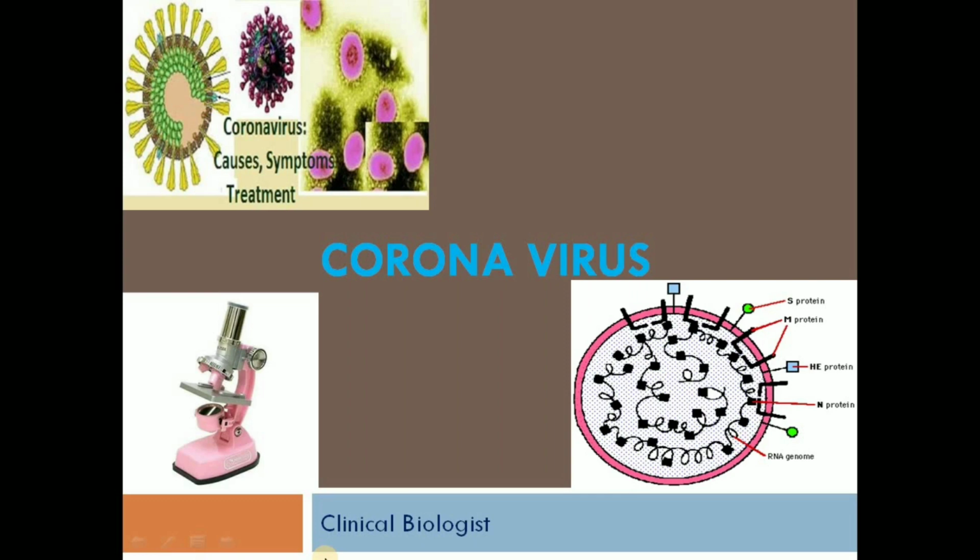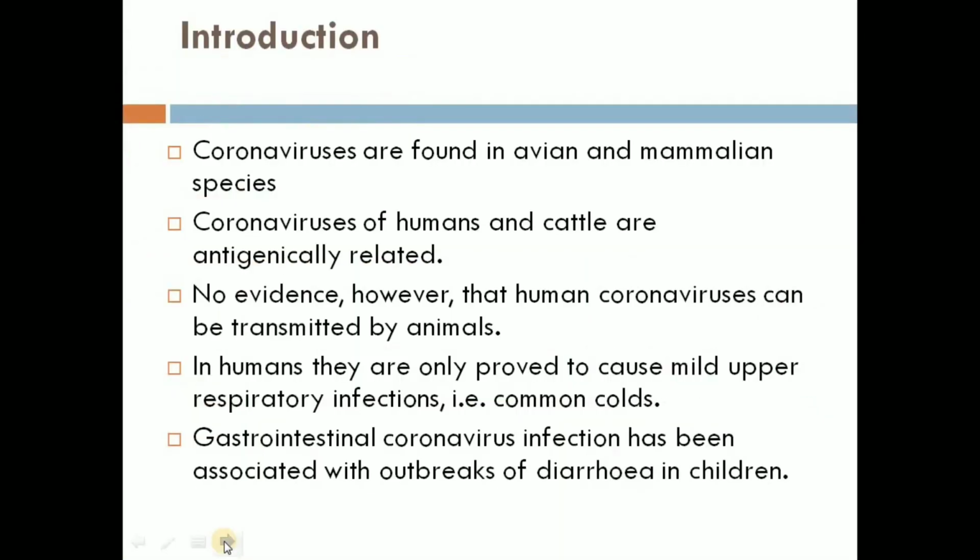First we'll see the important features and introduction of the coronavirus. The coronavirus comes under the Coronaviridae family, and it is usually found in avian and mammalian species.